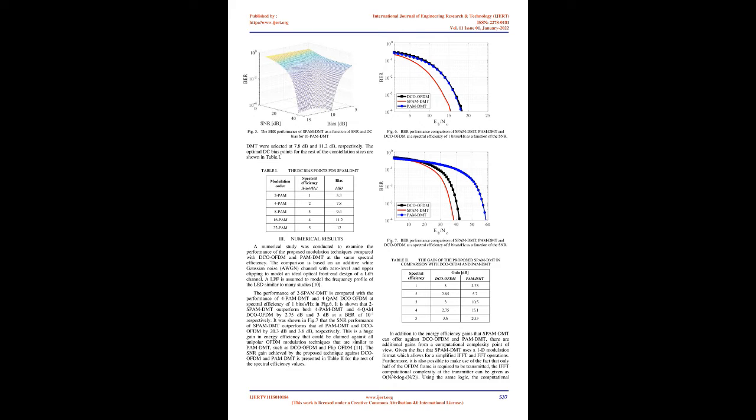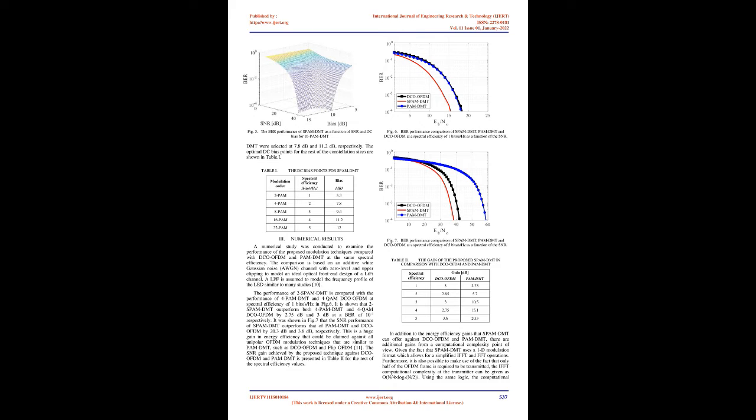However, the time domain waveform cannot be clipped at zero level, as the clipping distortion would distort the data carrying symbols and impair the successful data recovery. Therefore, a DC bias is required as it is the only method to convert the bipolar PAM-DMT waveform into a unipolar one, similar to DCO-OFDM.